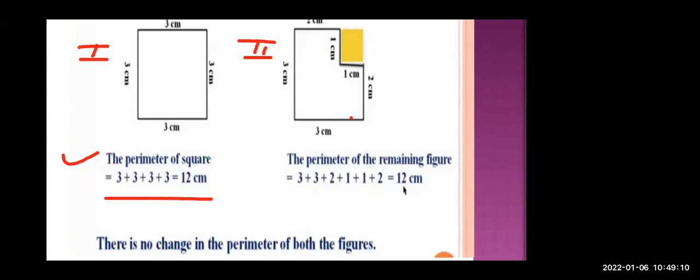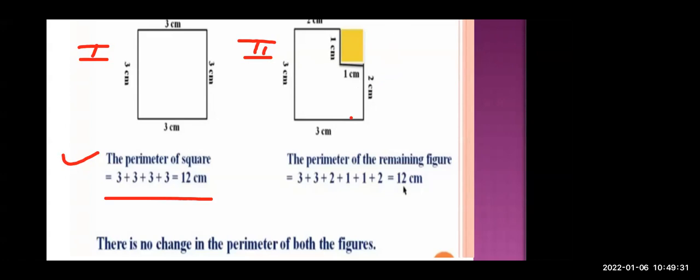Now next we'll see the second figure. The second remaining figure. It is not in the shape of square. वो square के shape में दिख रहा है क्या? नहीं. It is looking in the figure of remaining. So let's see here. देखो यहाँ पे देखो. This part you are going to see it. Now in this part what is given?